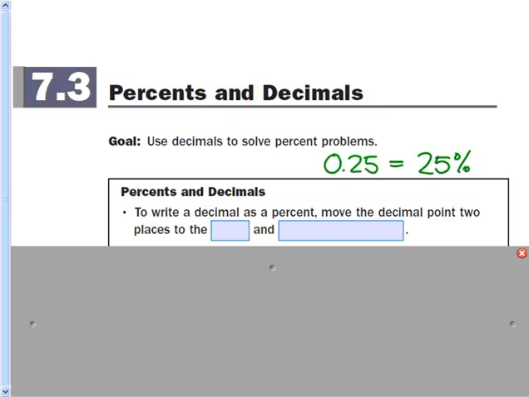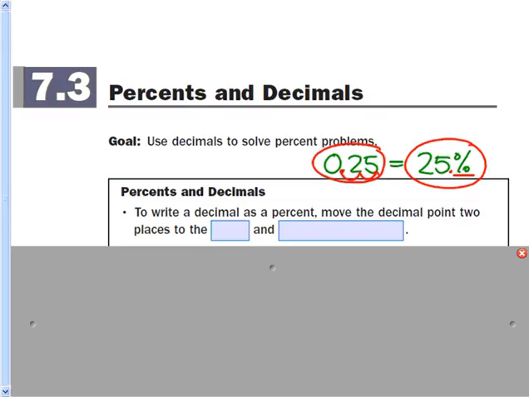Let's look at what happens to the decimal point when we go from the decimal form to the percent form. If you look at this on the left here, 25 hundredths has a decimal point here. In 25%, the 25 is a whole number, so the decimal point's on the right. So it looks like if you're going from a decimal to a percent, we're going to move the decimal point to the right twice and then add that percent sign.